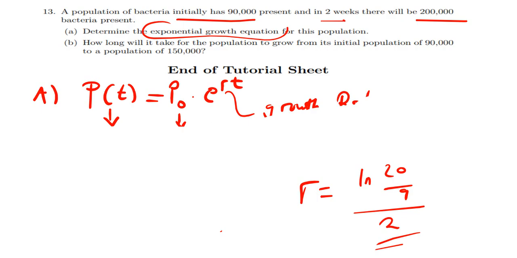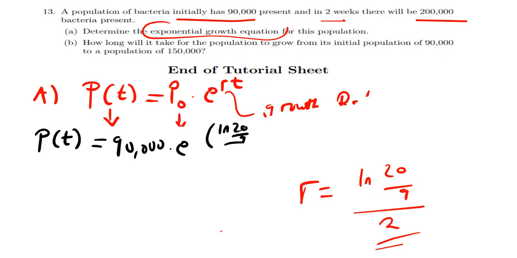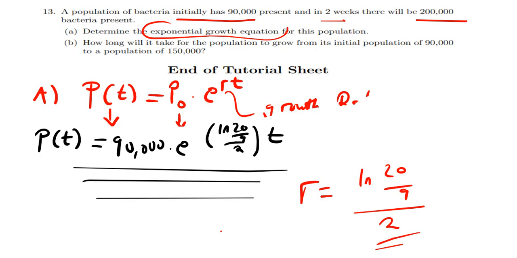So we're going to say P(t) will be equal to 90,000 multiplied by e to the power of the value of r that we found, natural log of 20 over 9 divided by 2, multiplied by t. This is the equation. Okay, so that's what they want for the first question.